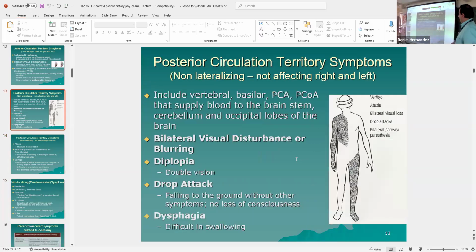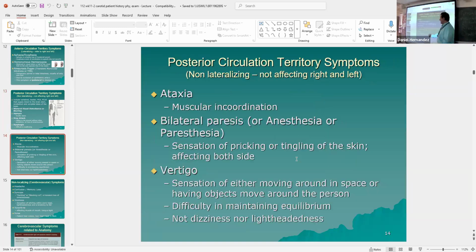These are all posterior. So bilateral vision disturbances, again, both eyes involved, double vision, drop attack. So they're conscious, they just fall to the ground. Dysphagia with the G, difficulty swallowing. Ataxia, incoordination of their muscles.